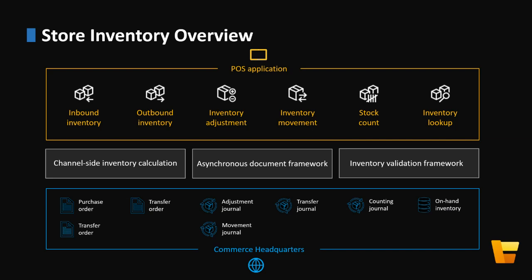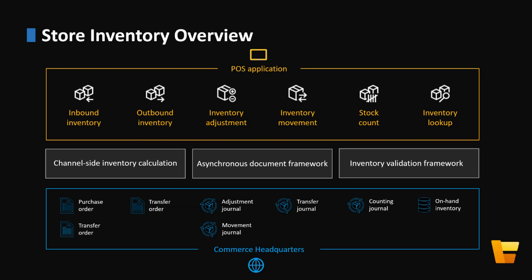And fundamentally, those operations utilize the capabilities in Headquarters to process the inventory data in the ERP system. For example, the inbound and outbound operations process purchase orders and transfer orders. Those are the standard documents in our Dynamics ERP to track product receipts, shipment, and cross-warehouse inventory movement.